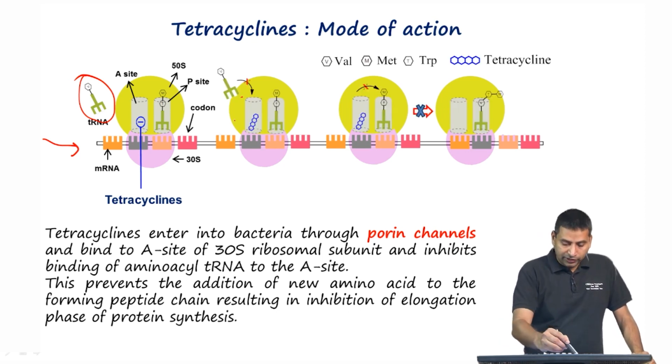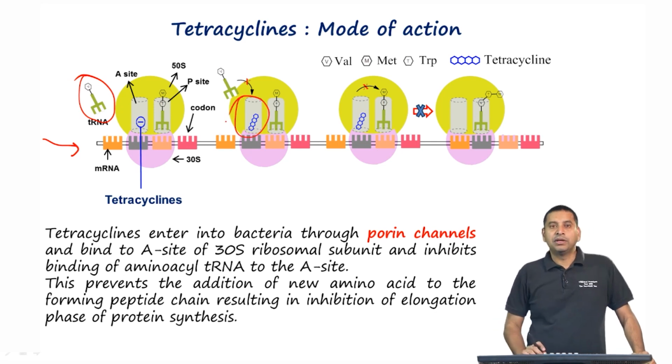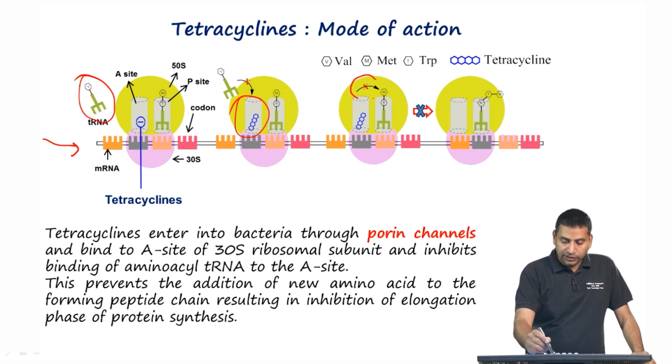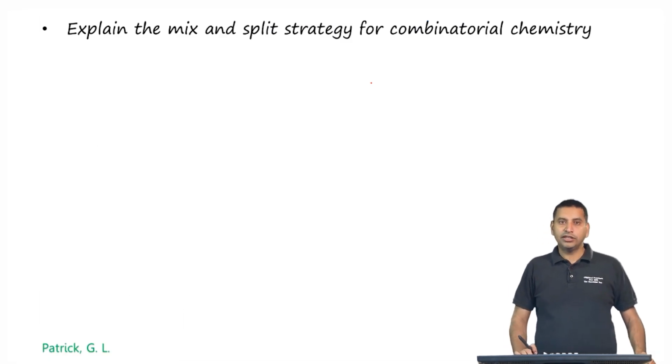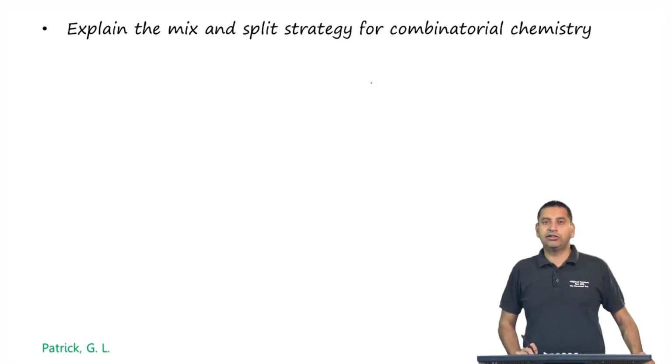So, here is the A site of the ribosome, and once it binds to the A site, it prevents the binding of the charged tRNA into the A site. So, once it prevents this, then the next step which is shown here does not occur, and therefore, you have incomplete protein synthesis.